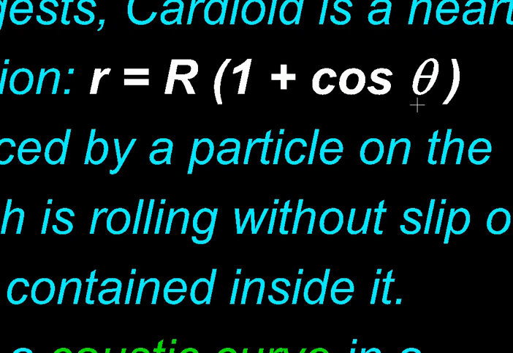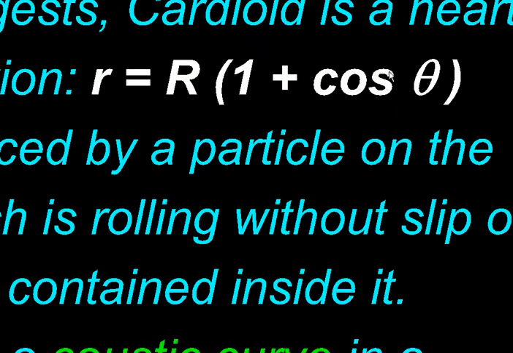This is the equation of a cardioid: r, the polar coordinate, equals some constant capital R multiplied by 1 plus cosine theta, and the cosine function assigns the periodicity to this radius. You can see this bracket will vary between 2, 1 plus 1, and 0, 1 minus 1, as theta varies from 0 to 360.